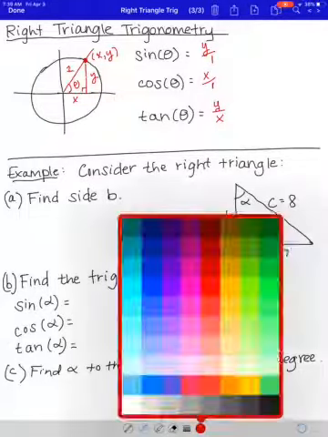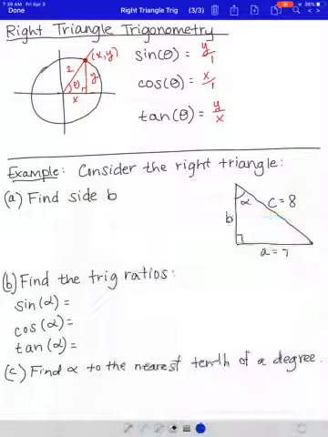Now let's rename the sides of our right triangle. Instead of using x, y, and 1, we can call y here OPP for opposite, because this side is opposite from our angle theta. The side x is adjacent to our angle, so we'll call that ADJ. And the hypotenuse 1, let's call that HYP for hypotenuse. Now I can rename these three trig ratios.